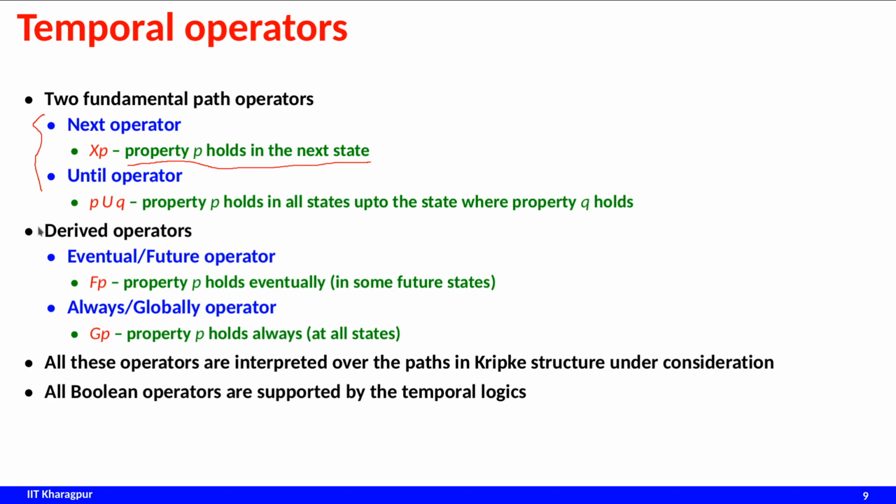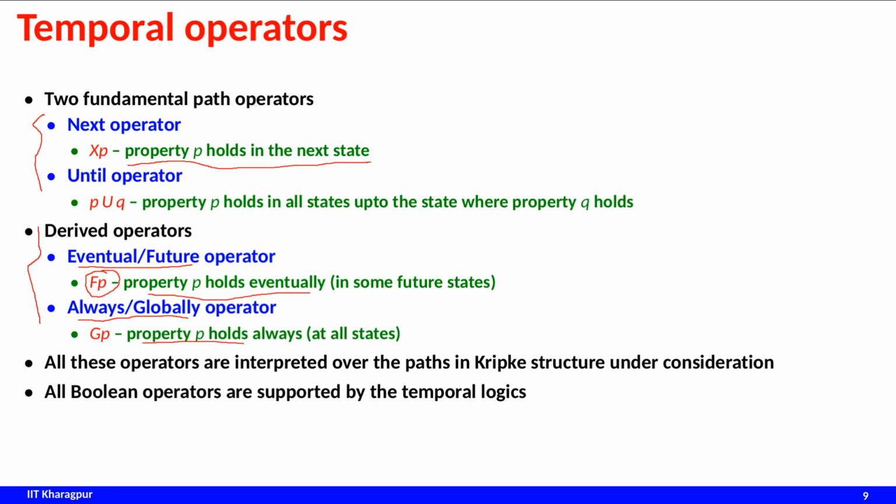The other derived operator that we'll have is the eventual or future operator. When I want to say that some property is going to hold eventually, I would like to specify it with FP. And there is another operator, always or globally, GP: the property P holds always, at all states.